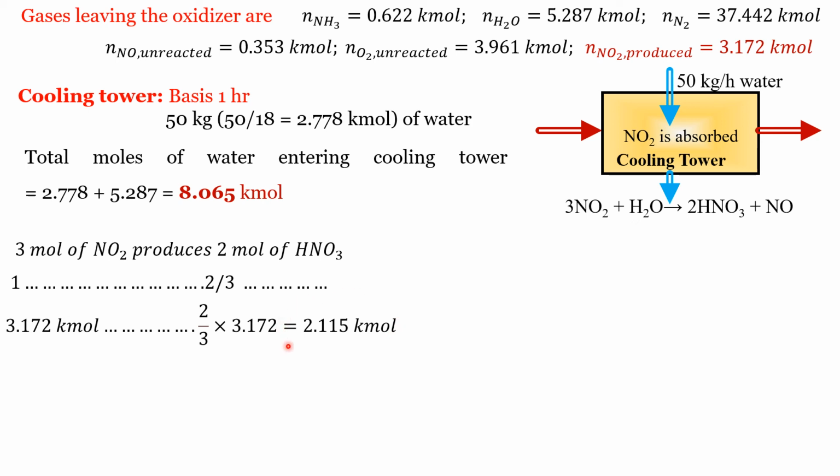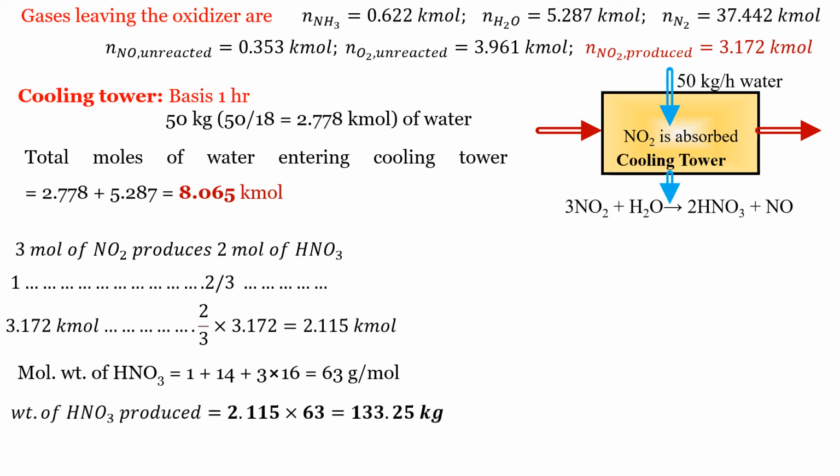Moles of HNO3 produced will be equal to 2.115 kilomole. Now we can write the molecular weight of HNO3, and from the molecular weight and number of moles we can find the weight of HNO3. So the weight of HNO3 produced equals its molecular weight times the number of moles, which is 133.25 kg.